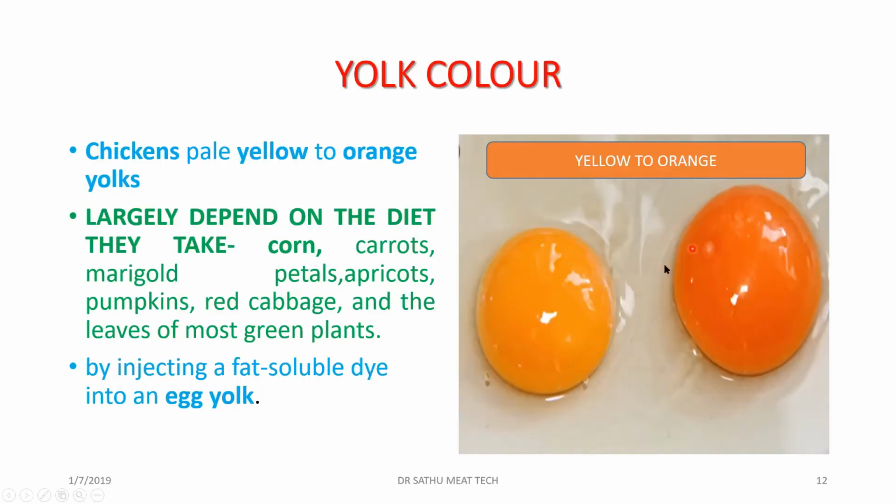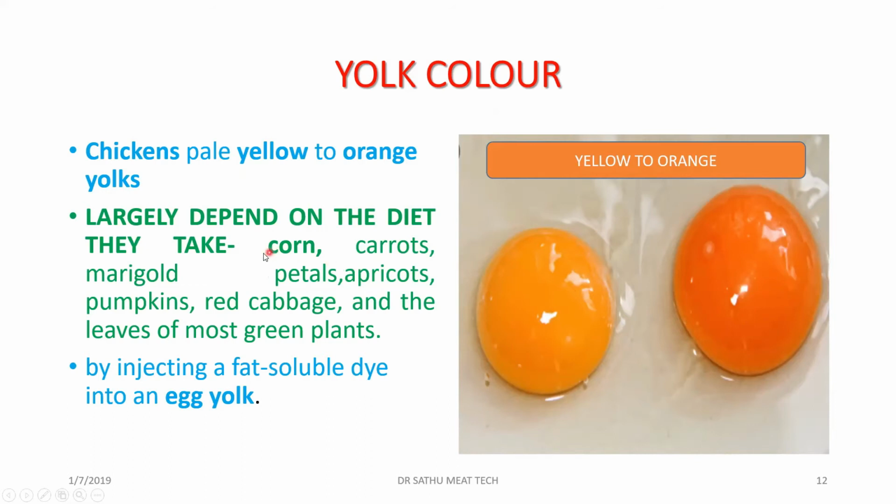Coming to the yolk color, normally the chicken yolk color will vary from pale yellow to orange. Generally, consumers prefer the more yellow to orange color. This largely depends upon the diet they take.